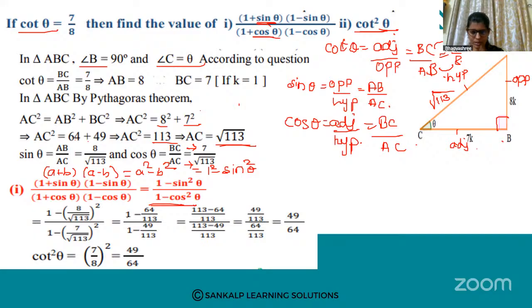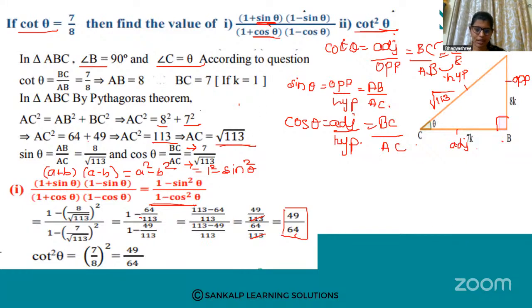Now do cross multiplication. 113 into 1 that is 113 minus 64 divided by 113, divided by 113 minus 49 divided by 113. 113 and 113 will get cancelled. 49 divided by 64 will remain. This is the value of 1 plus sin theta into 1 minus sin theta divided by 1 plus cos theta into 1 minus cos theta.